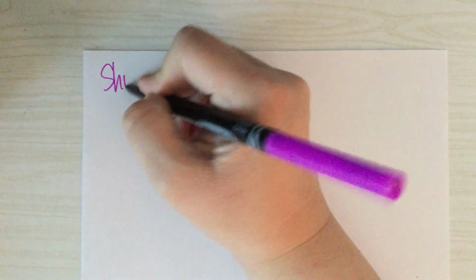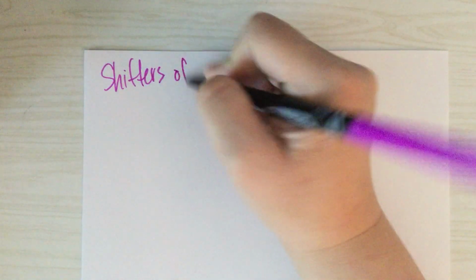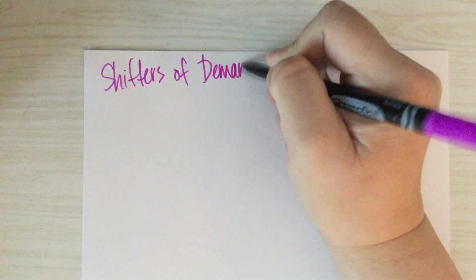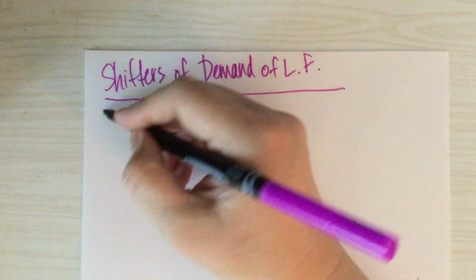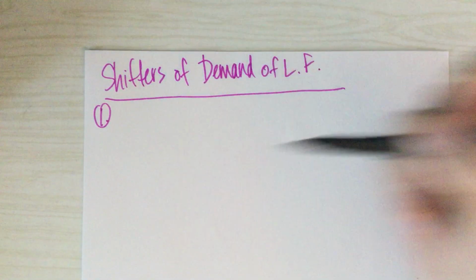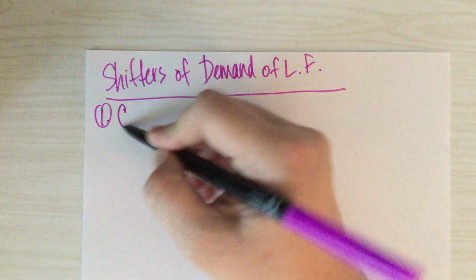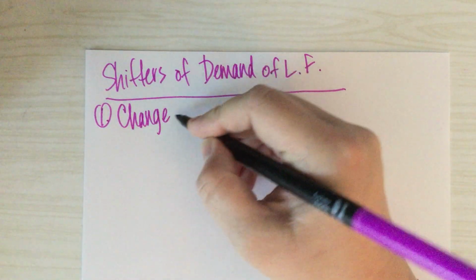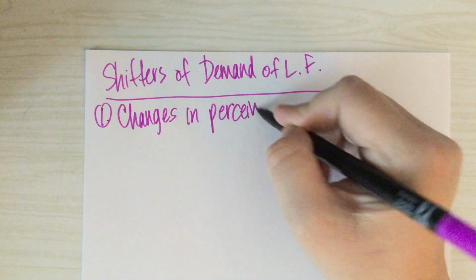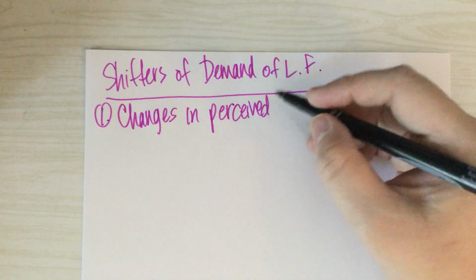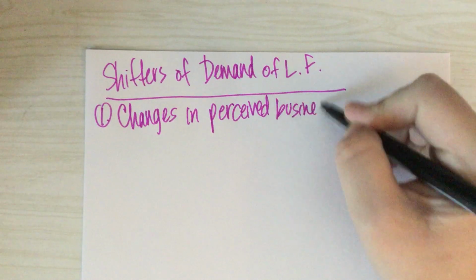So the shifters of the demand curve, if you want to label this shifters of the demand of loanable funds, that'll be great. The first shifter affects basically businesses, and these are changes in perceived business opportunities.